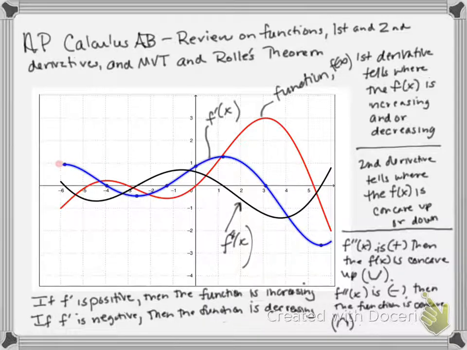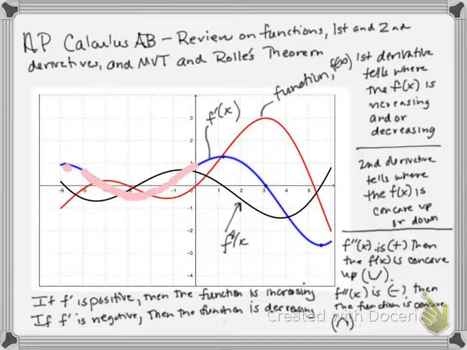And another way, if I'm looking at my derivative curves, the slopes of this blue curve right here are decreasing. So that means that my second derivative is negative. Slopes are decreasing, and then they start to increase.